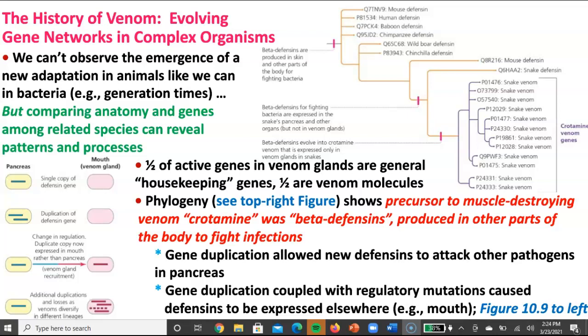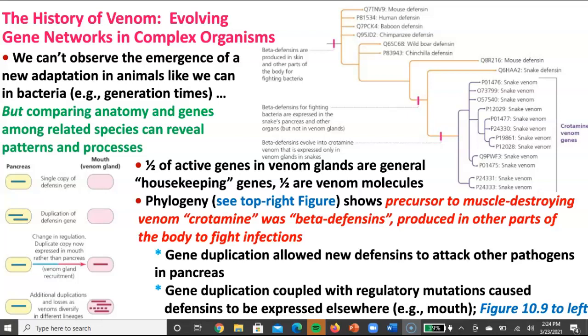So through this comparative approach of looking at anatomy and how genes are expressed in different parts of the body, to summarize this, defensin proteins are already made in other amniotes, being expressed, for example, in the skin as a defense against bacteria.